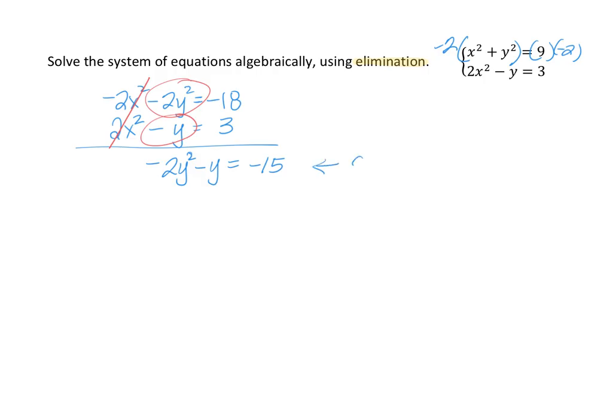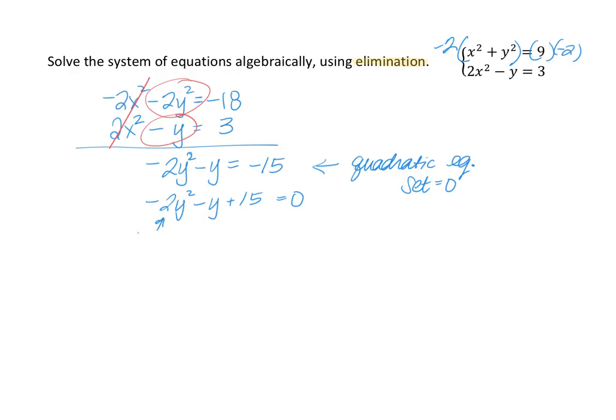Now, this equation that results is a quadratic equation, and we know that quadratic equations can be solved a few ways, but usually we want to set that equation equal to 0 first, and then see if it factors, and if it doesn't factor, we can do quadratic formula. Now, I know most of you probably would add the 15 over because we're so used to bringing everything to the left side of the equation, and that's fine, but in doing that, we end up with a negative leading coefficient, which is not so friendly for factoring.